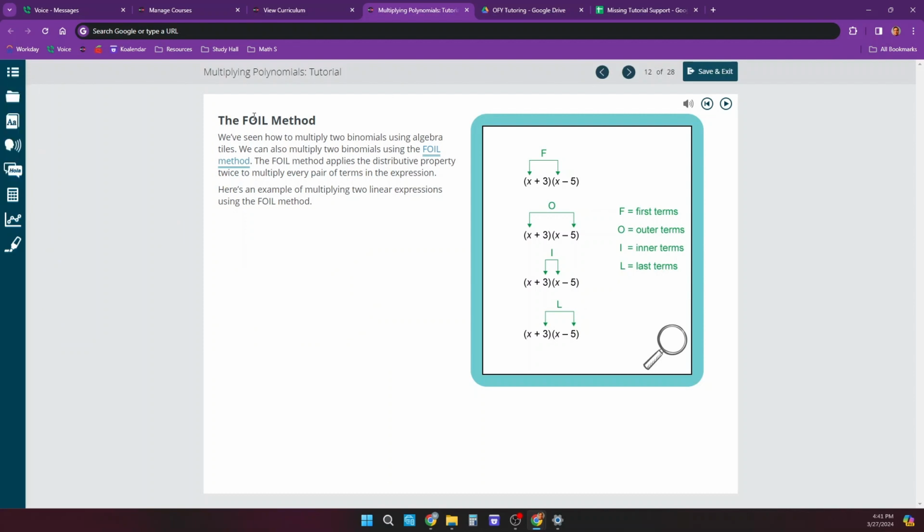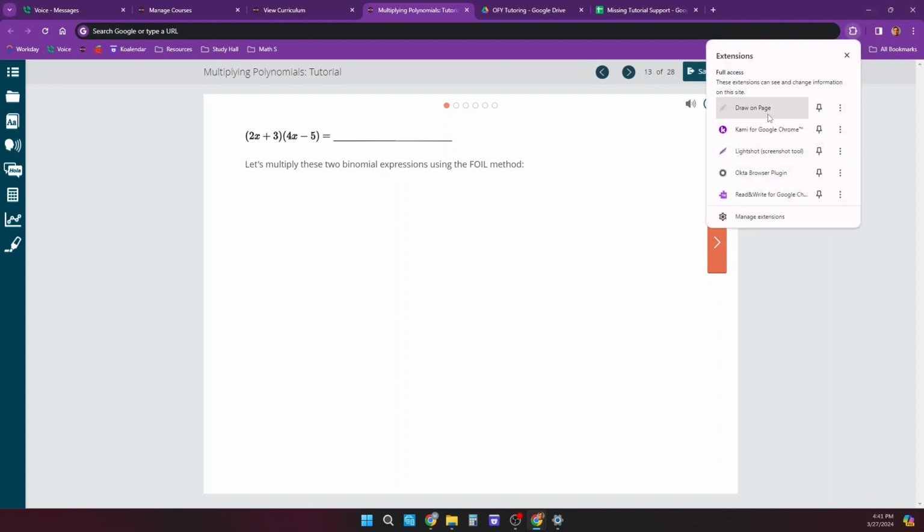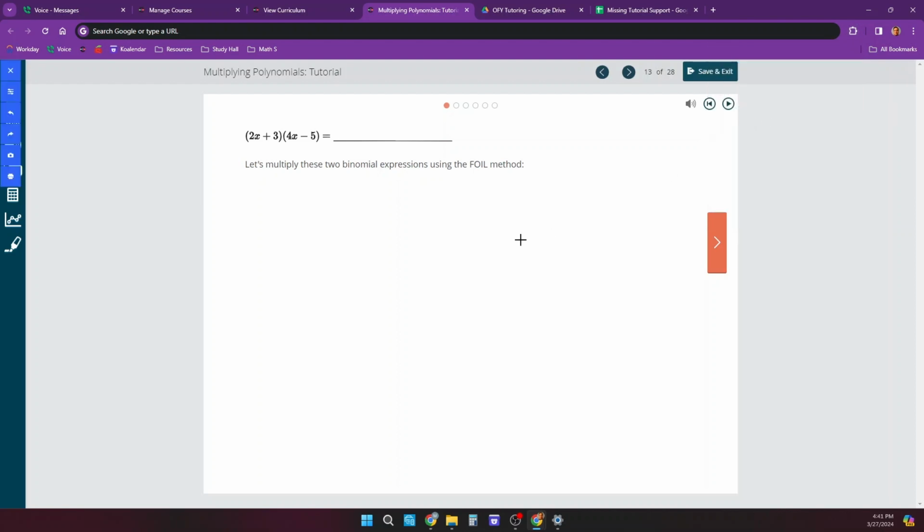For instance, it specifically asks you to multiply these binomials using the FOIL method on page 13. It's just an example, but there will be questions like this where it tells you to use the FOIL method. You should know the FOIL method, but just understand what they're telling you and what the connection is between the distributive property and just multiplying polynomials in general.